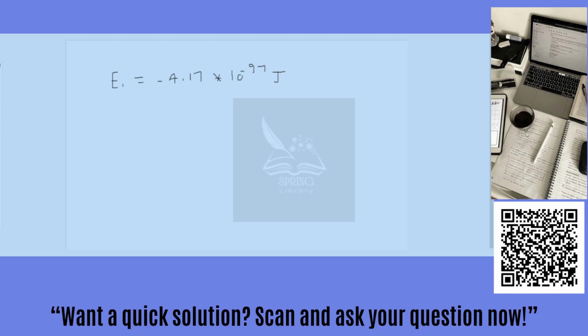This was all for this problem. Let me summarize what we have done here very quickly. We have Bohr's model. We have considered this using the gravitational force instead of the electrostatic force. We have solved for the velocity using Newton's second law.